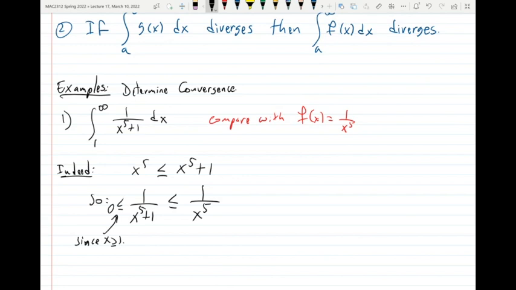Now, why is this helpful for us? Because now we know the big function is a p integral with p bigger than 1, type 1, so it converges, therefore the small one converges. That's it. If you wanted to compute this, technically you can do it. It's a rational function, but you need to factor this and use partial fractions. At least you know -1 is a root, so you can do synthetic division, then you will get a degree 4 polynomial.